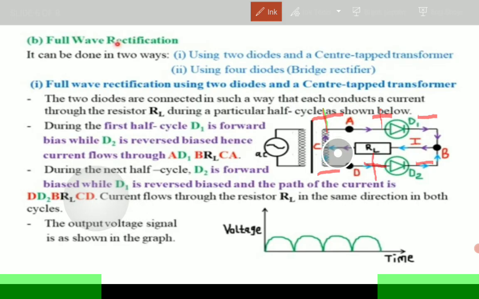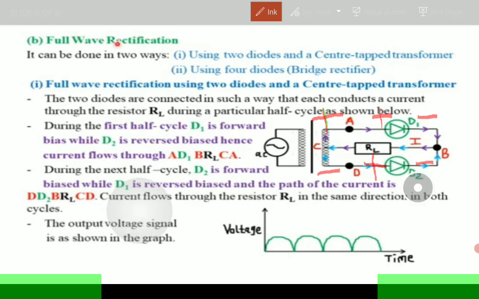Similarly, if we take point D to be at higher potential than that end, then current is going to flow from D to D2, then through point B, and then through the load and back to D. Take note of that. So during the next half cycle, D2 is forward biased, while D1 is reverse biased.